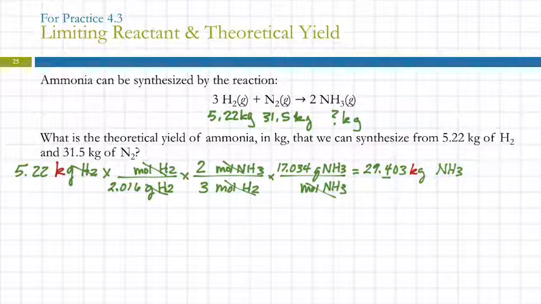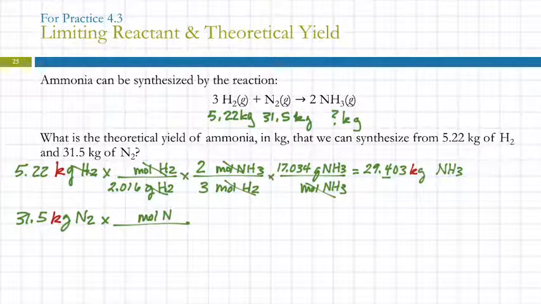We're going to do a very similar calculation using the other reactant. Grams to moles to moles to grams, just with nitrogen instead. So 31.5. Again, we'll just set that kilo aside. So kilograms of nitrogen. We're going to the same product.